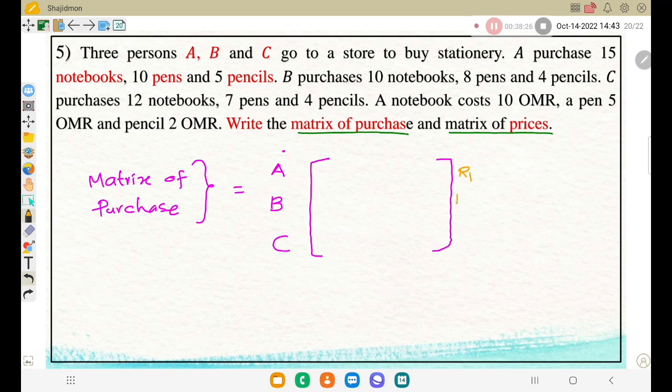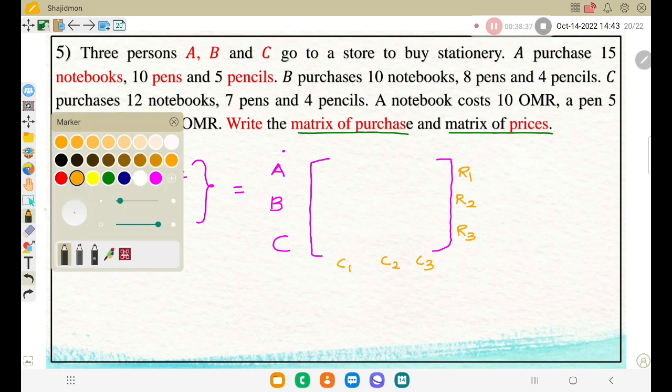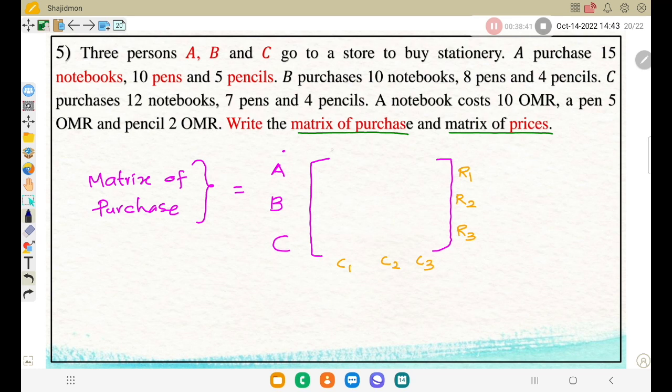Now the columns: column 1, column 2, column 3 are for the items they purchased. The first one is notebook, the second one is pen, and the third one is pencil. Now we can construct it.